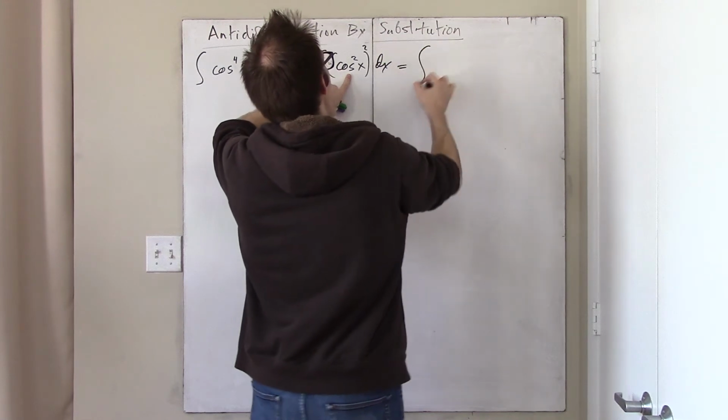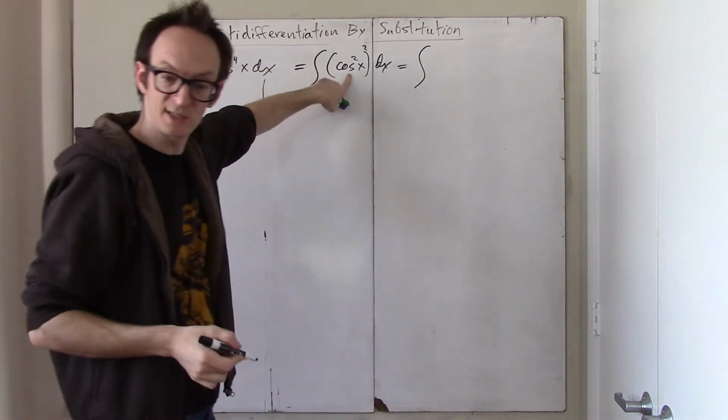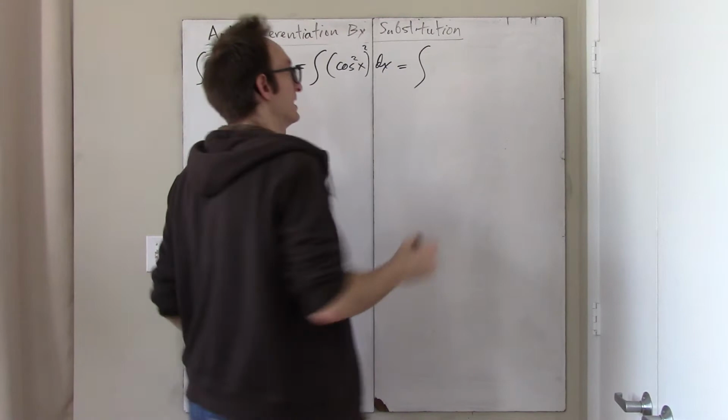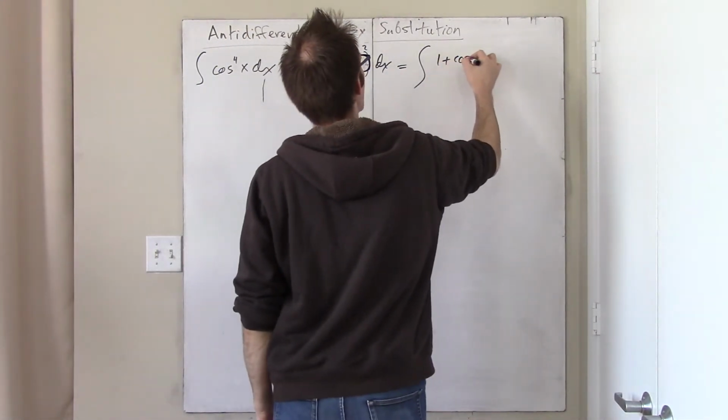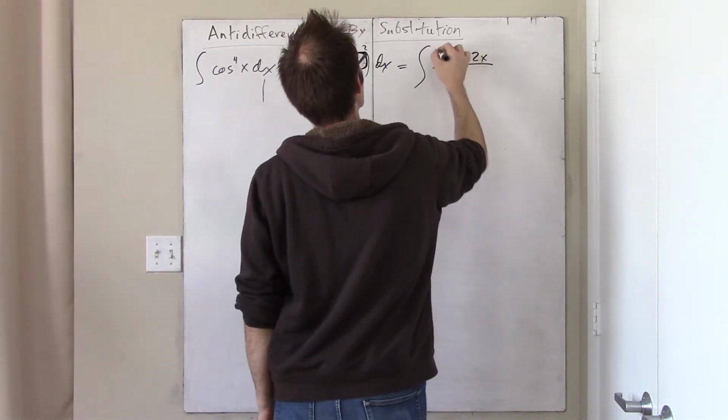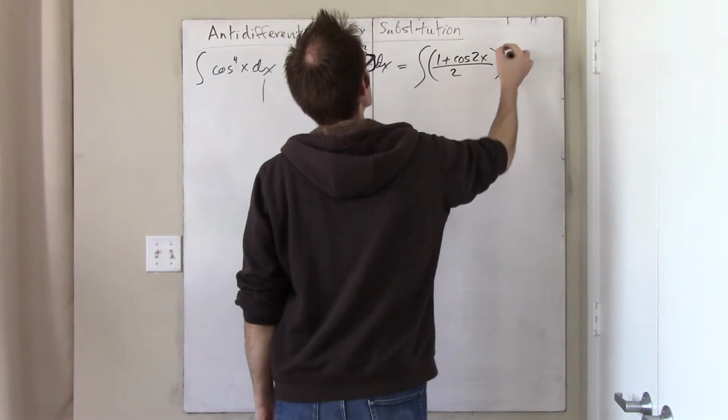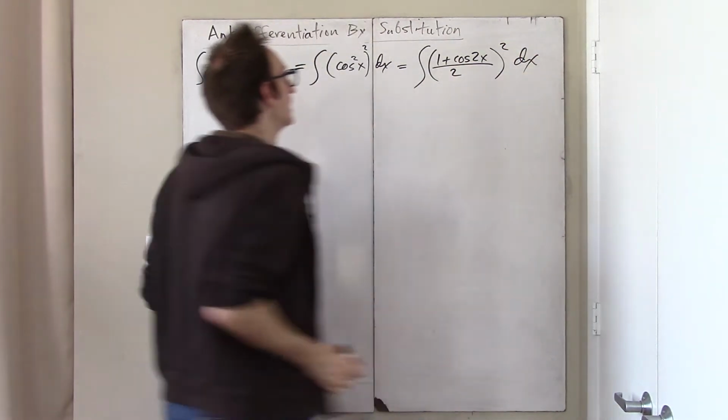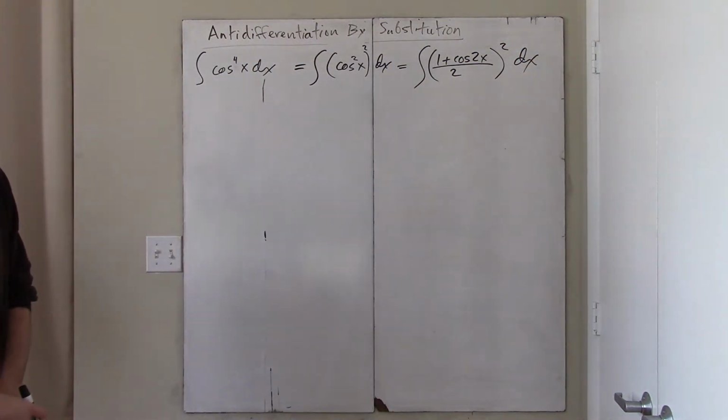What is the power reducing formula for cosine squared? It's (1 plus cosine 2x) over 2, quantity squared. Is that true? Sorry, I'm doubting myself for a second. Yeah, because cosine 2x is 2 cosine squared x minus 1, so okay.